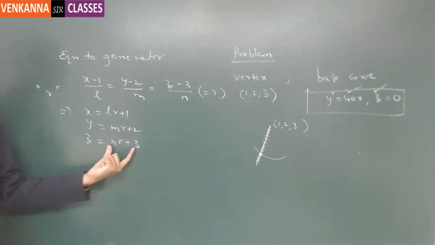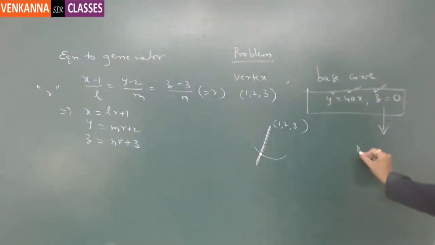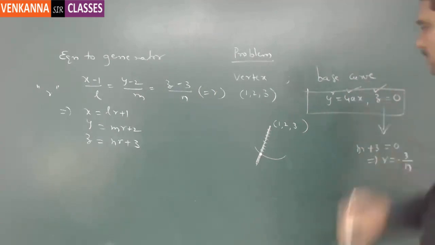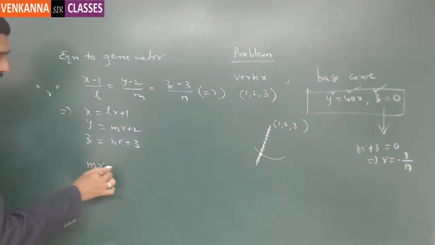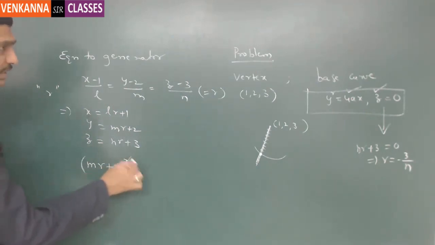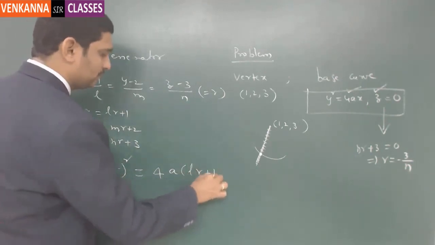If you substitute this value here, from this you have nr plus 3 equal to 0, which gives that r is equal to minus 3 by n. If you substitute the values here, you have (mr plus 2) whole square equal to 4a into (lr plus 1).